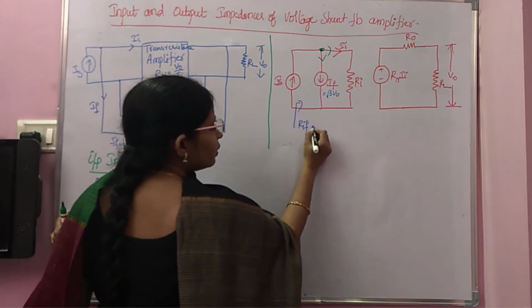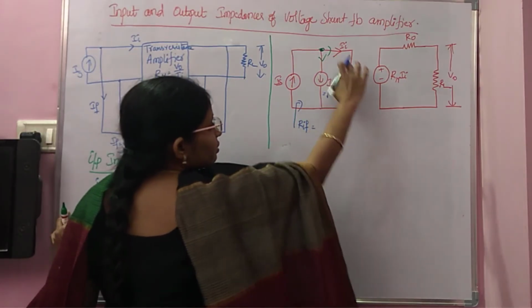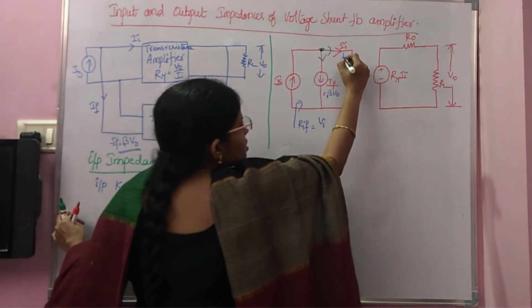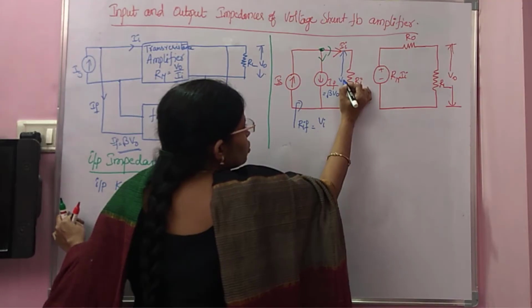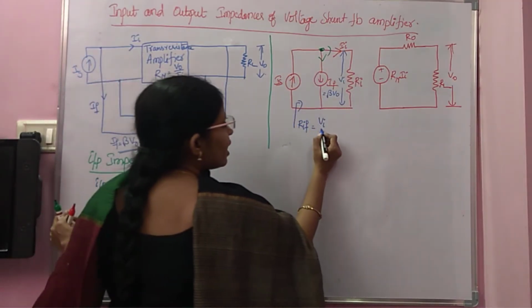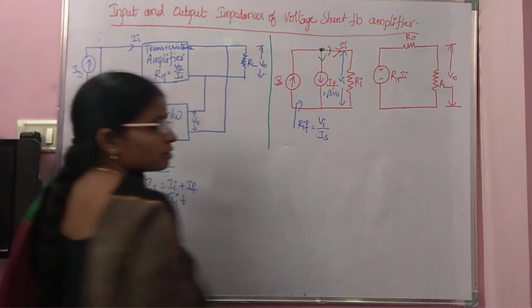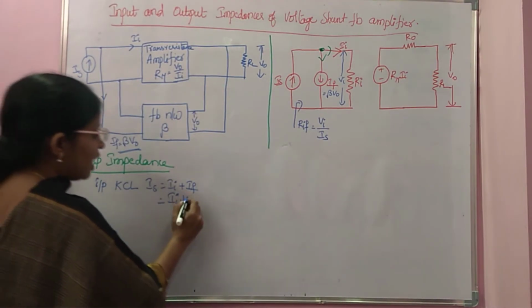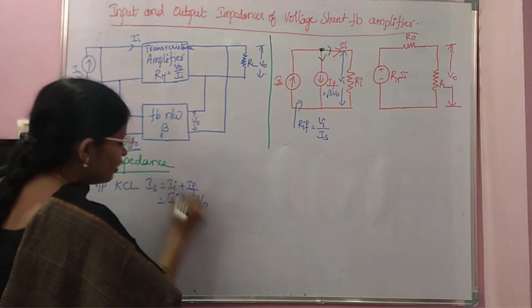What is RIF? The voltage is VI, because there is no change for the voltage as all are in parallel, so RIF is VI by IS. Now I'll substitute IF, that is beta V0.